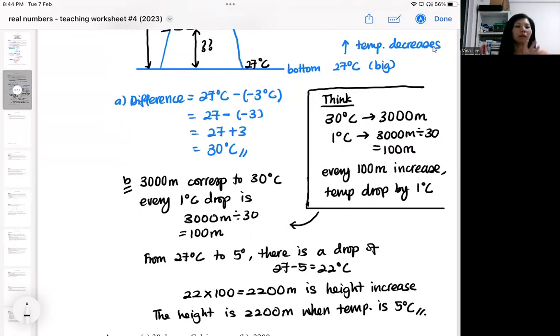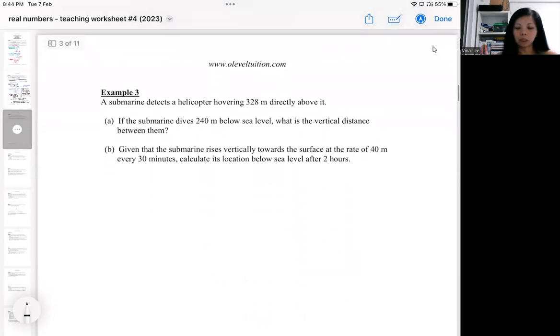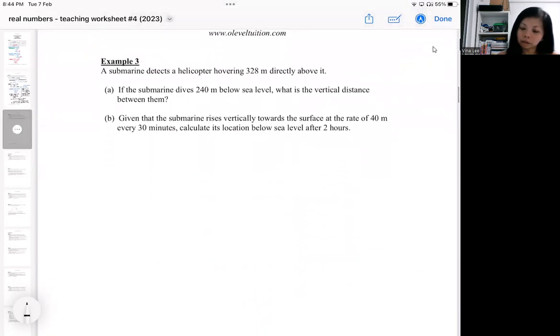So this one, they can change it a lot. They can change different mountain, different values. So sometimes the values are not so nice. The next one can be a little bit more tricky. Okay, and I will need to change a little bit of the next question.